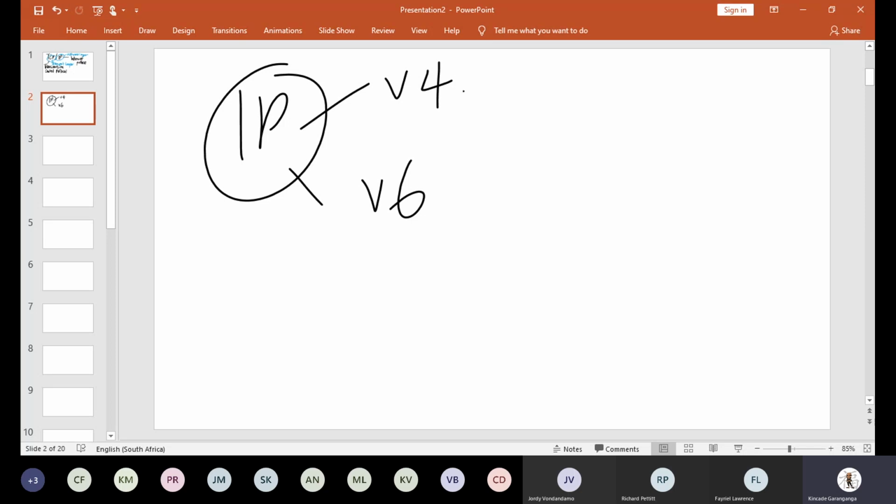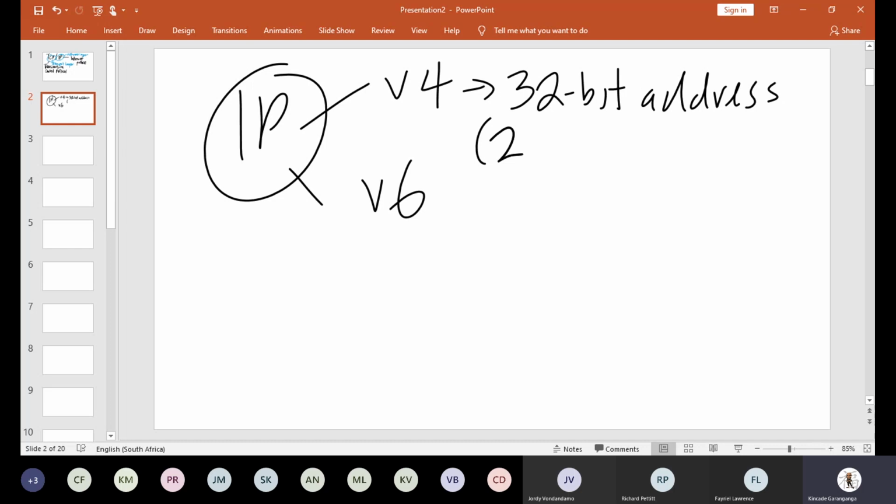Remember, when you're looking at IP version 4, you're typically sitting with a 32-bit address. And as far as your 32-bit address is concerned, the maximum that you've got is 2 to the power 32, and then you're sitting with about 4.2 billion IPs, as an approximation.